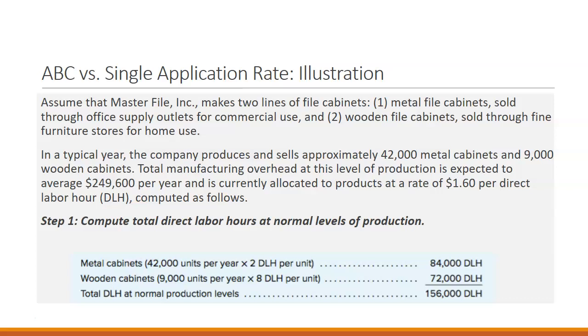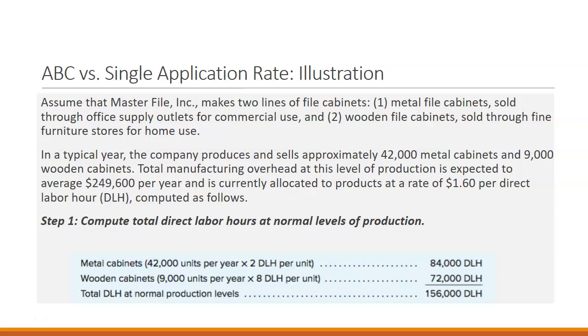Their total overhead costs are $249,600 a year and are currently allocated to products at a rate of $1.60 per direct labor hour. So we can see here that it's using a single overhead rate of $1.60 per labor hour.